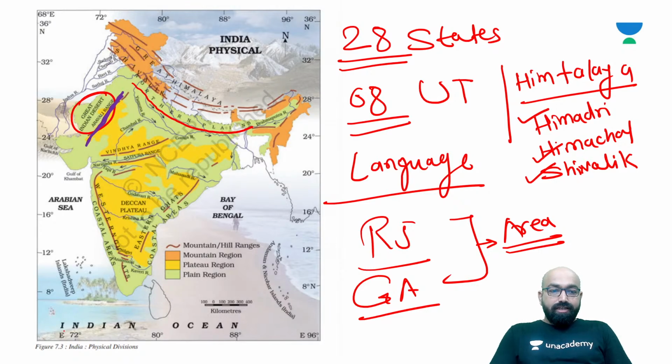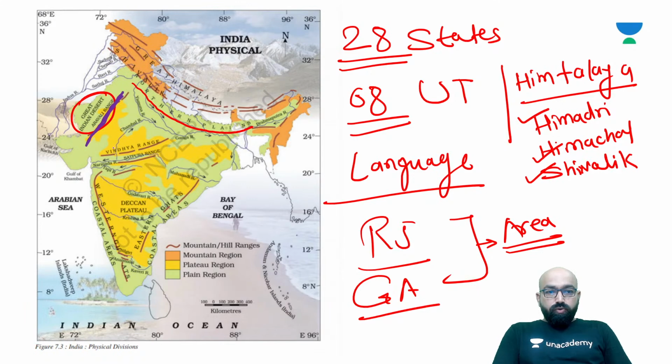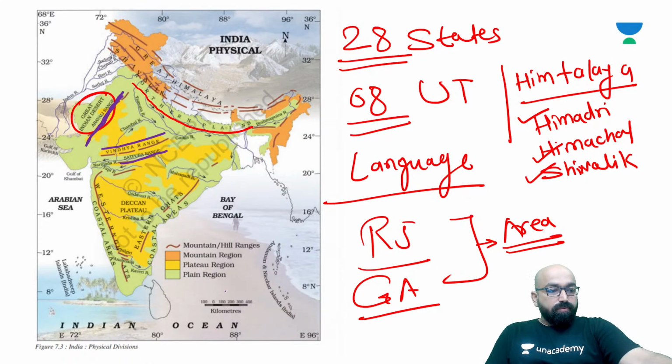See, again I'll change the color to purple. I'll show you the Vindhya range and the Satpura range. Now, rivers like the Narmada and Tapi flow through these ranges.